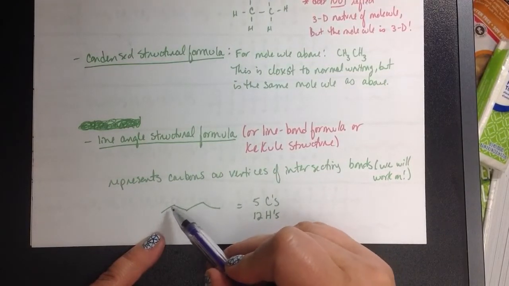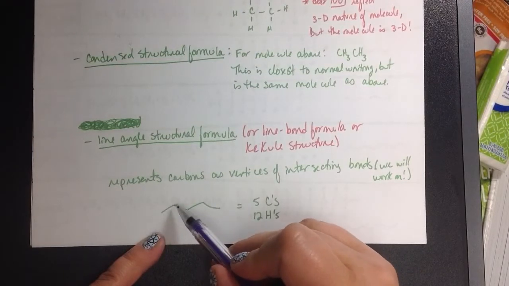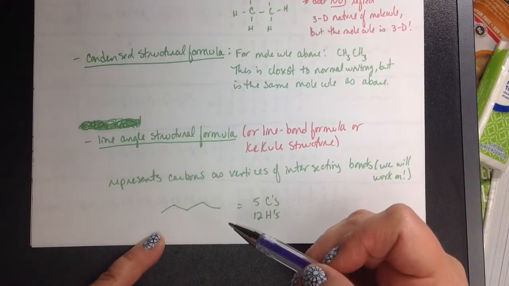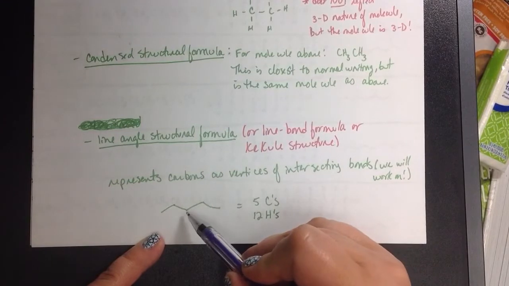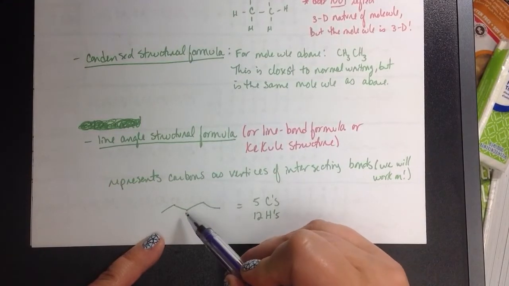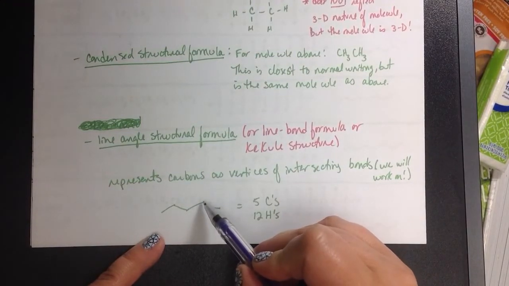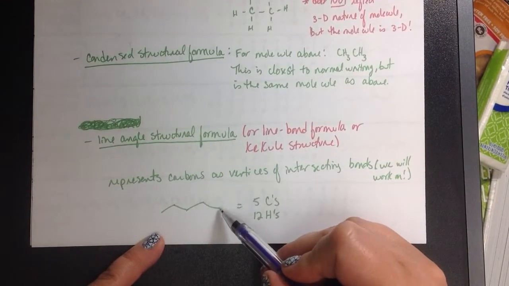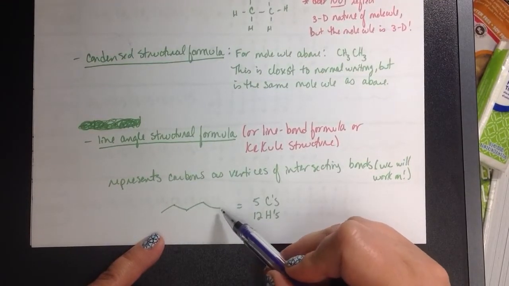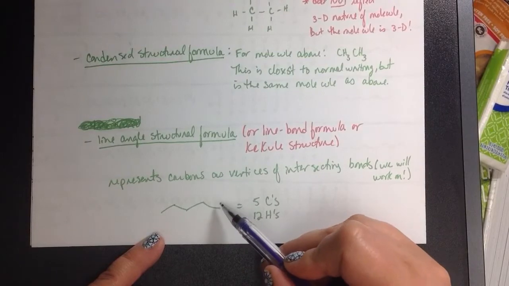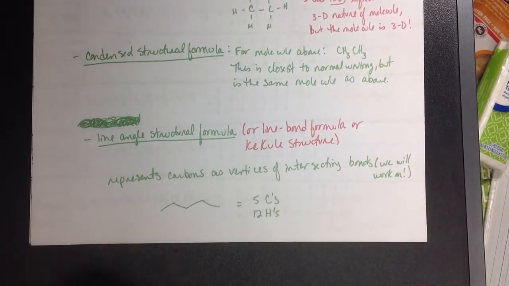So since it already has 2 bonds, there are 2 more to hydrogen that are not written in. Same with this carbon and this carbon. This has 2 hydrogens, this has 2 hydrogens, and here on the end, since there's only 1 bond to a carbon, 3 more are to hydrogen.